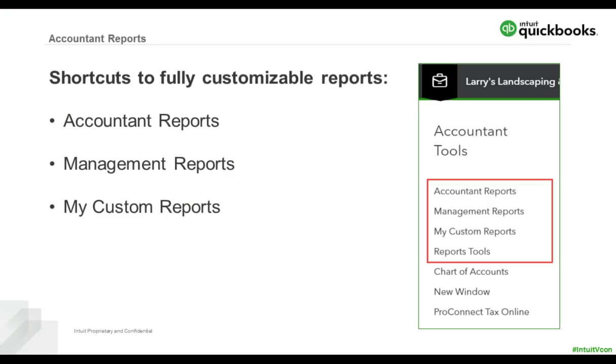So next we're going to talk about the reporting within QBO. We've got some shortcuts within our Accountant Toolbox. We've got a shortcut to Accountant Reports, which are reports specifically designed for us.